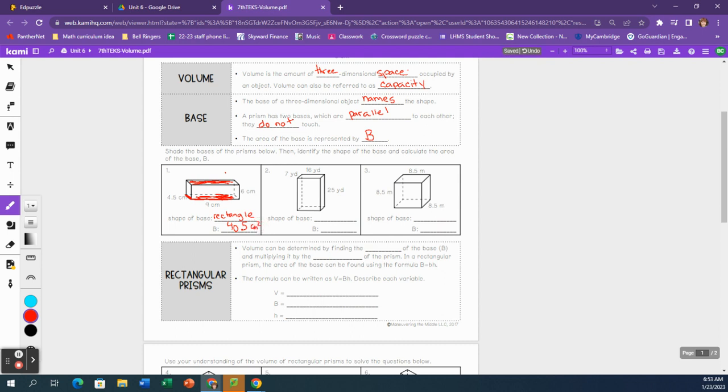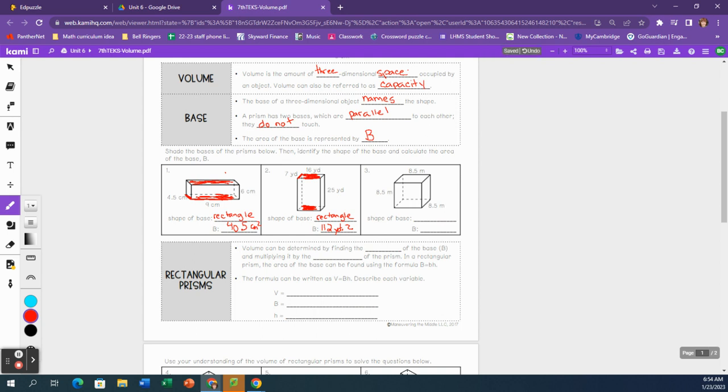Okay, so let's identify it here. Let's do the top and the bottom. That's a 7 by 16. So the shape is a rectangle, and that would be 7 times 16, which is 112 yards squared.